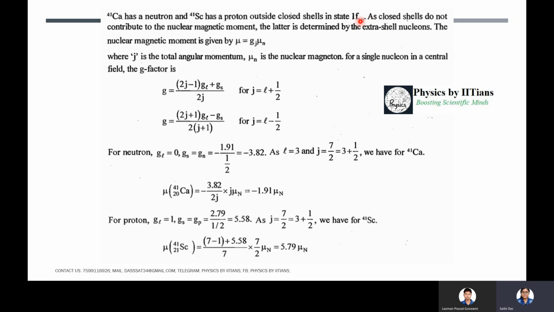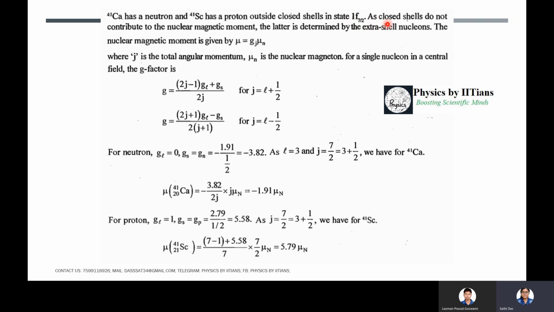In the shell model, you configure this 41 and this 41, and you will get the closed shell, and the state of the unpaired proton or unpaired neutron, for the case of calcium, and the unpaired proton for scandium, is 1f7 by 2. In the last lecture we have already described how to configure this nuclear shell and how to find out the outside state.